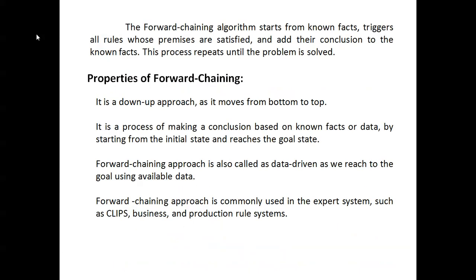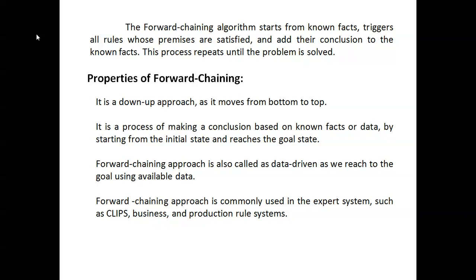The algorithm starts from known facts, triggers all the rules whose premises are satisfied, and adds their conclusions to the known facts. This process repeats until the problem is solved.